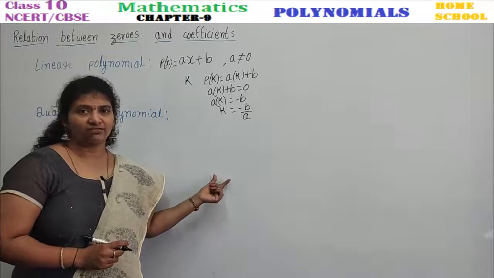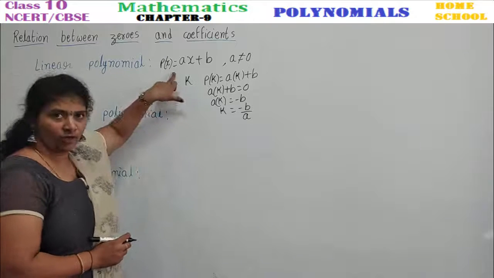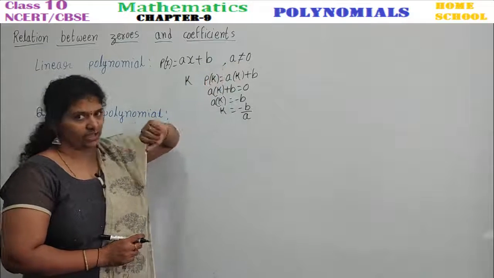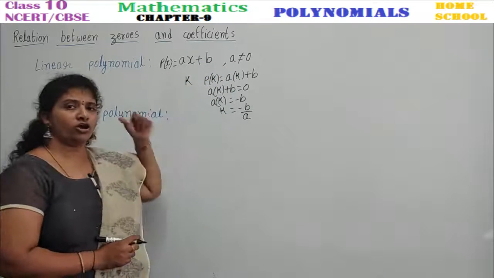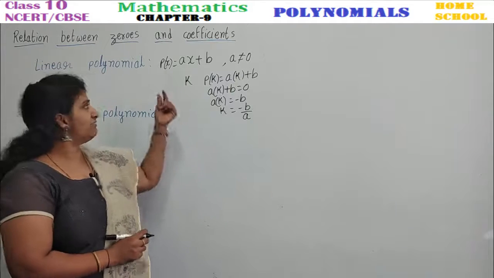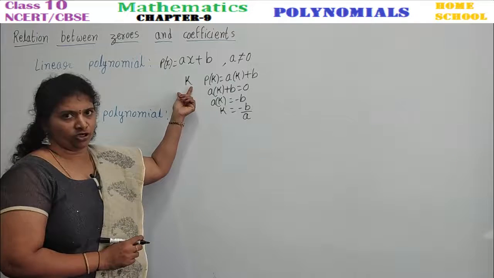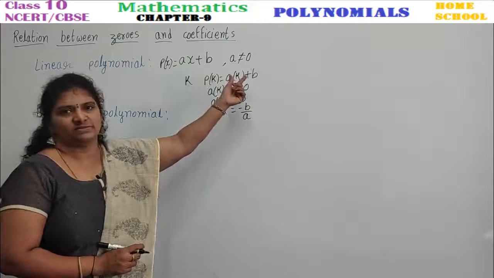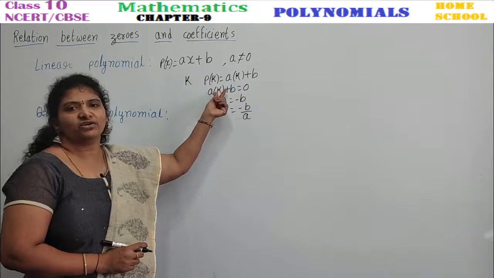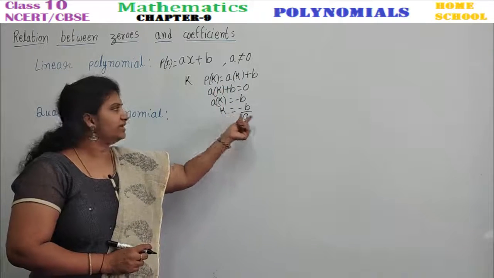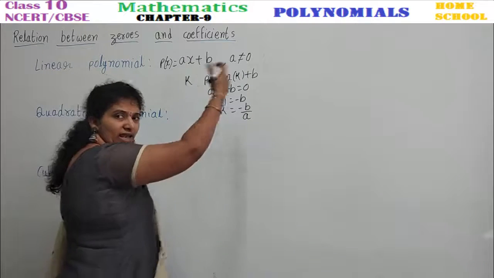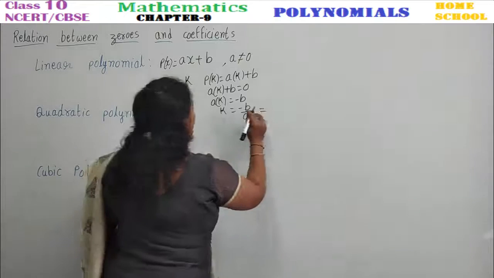Understand the concept carefully here. In a linear polynomial, the standard form is ax plus b, where a is not equal to 0. We can get the 0 of the polynomial. How can we get it? If we assume k as a 0 of the polynomial, substitute in x, p of k is equal to a into k plus b, and separate this value, then this is equal to the 0 of the polynomial. How can we relate this with the coefficient? Where is b?